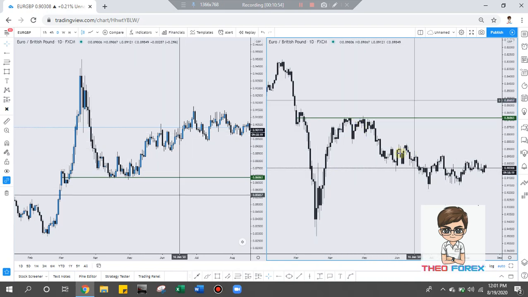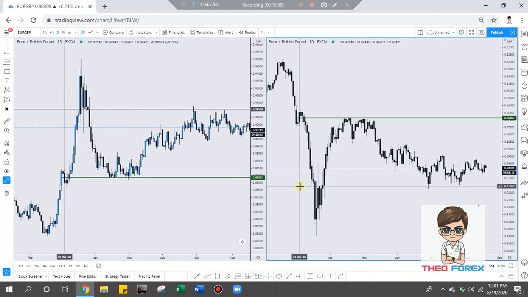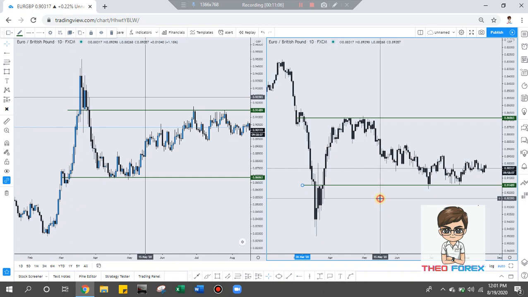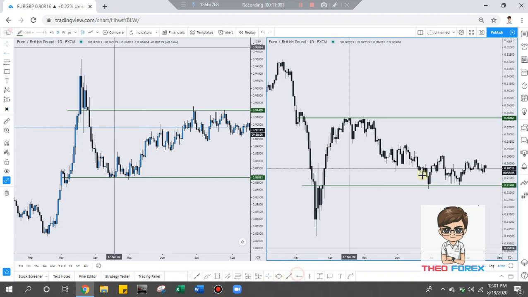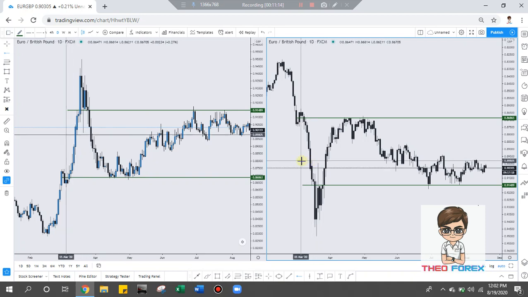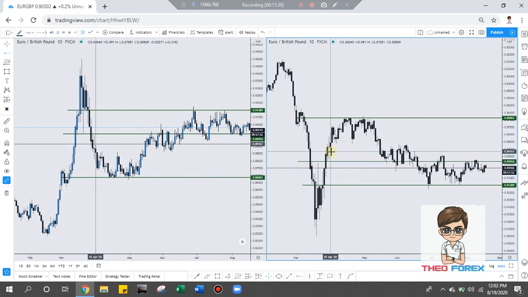Now they mark out this level, they'll mark out this level also, then they mark out this level, then they mark out this level right here.